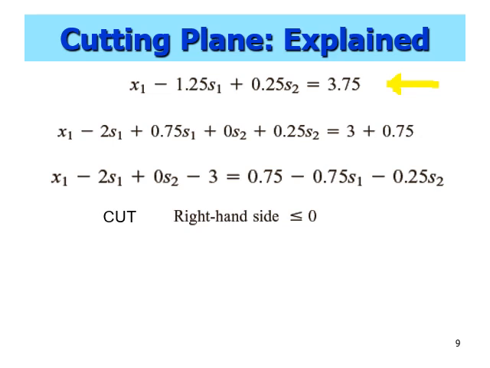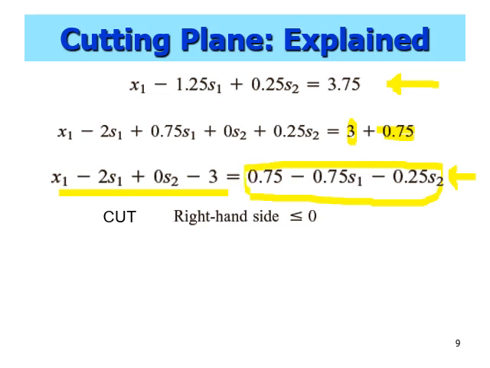And then in the cutting plane algorithm, we convert all the non-integers into this form: an integer, x in the bracket, plus the remaining fraction, f. Then in this step, we group all the integer coefficients to the left and non-integer coefficients to the right. Finally, the cut constraint says that this right-hand side must be less than or equal to 0.